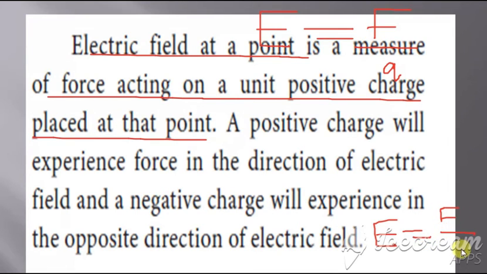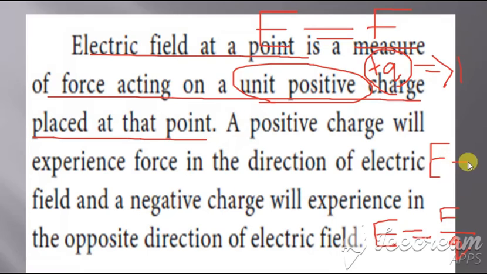Here, instead of Q, we say unit positive charge. Unit is what? The value is considered to be 1. If this value is 1, then we get E is equal to F.